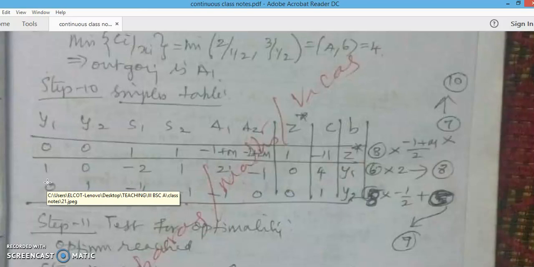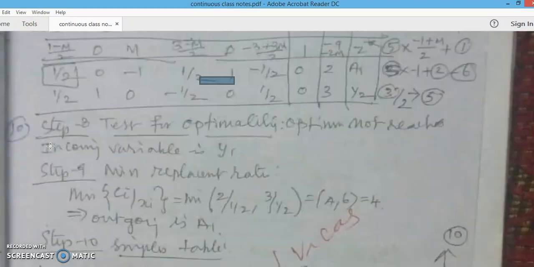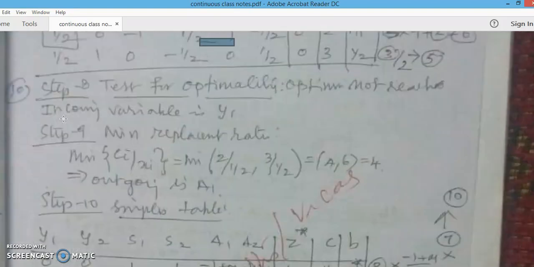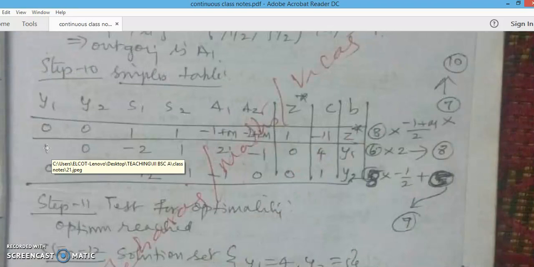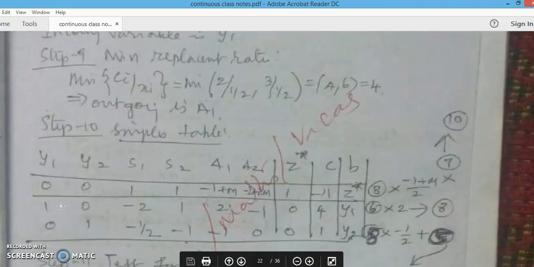Okay, right. So similarly here we have to make it 0. So here 1 minus m by 2. So multiply this by plus 1, minus 1 plus m by 2. Multiply this, add with this, you will get 0. So that operation you do for all the elements, you will get this particular row.